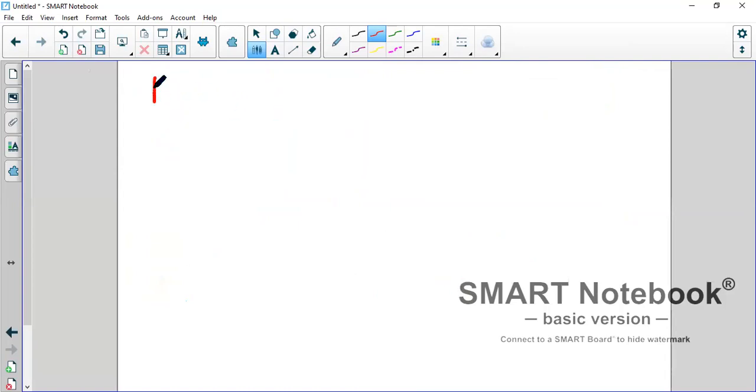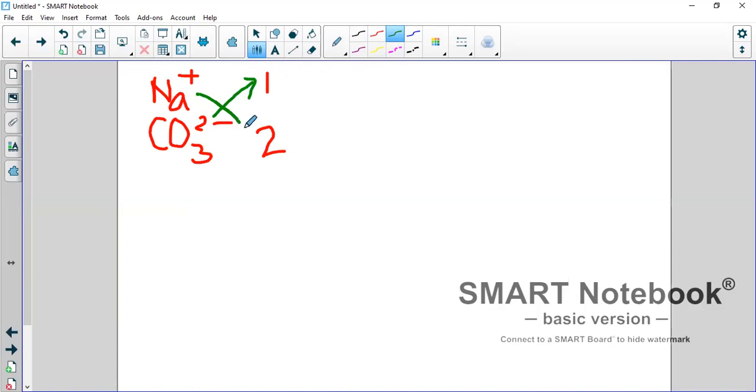From your crisscross, from first term, we learned that sodium is plus, and carbonate is CO3, 2 minus. The ratio for the positive is 1:2. If I do crisscross here, carbonate is going to be 1, the sodium is going to be 2.